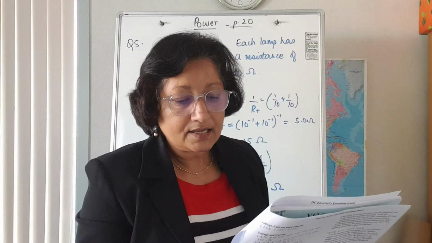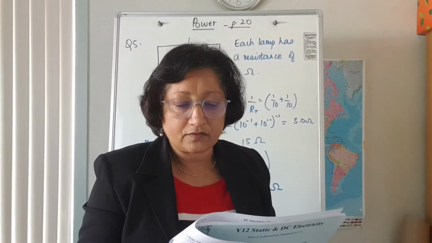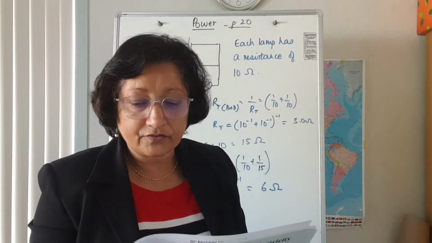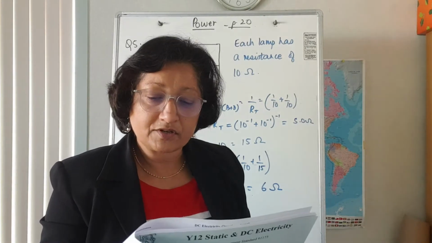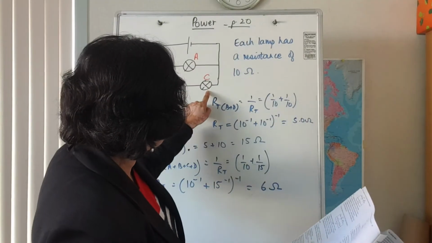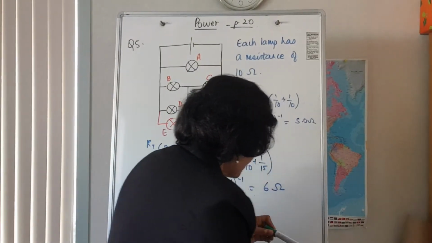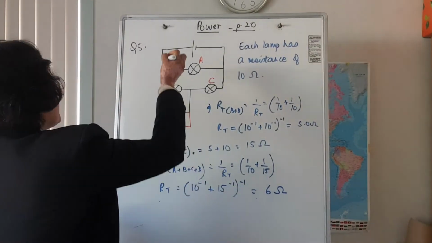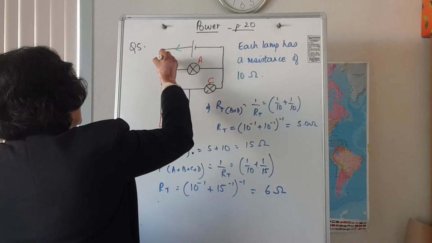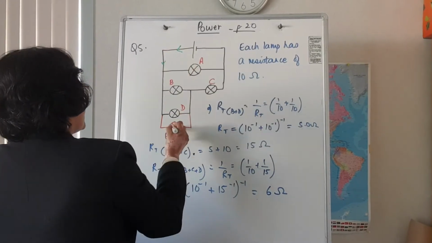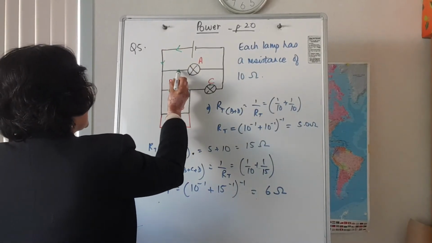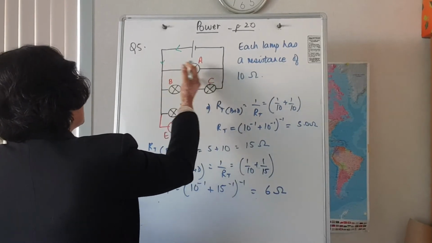Then part D: by considering what happens to the voltage across and the current through, explain what would happen to the brightness of lamps C, B, and D. Let's take this one at a time. Now you've got a bigger current coming through, the larger current because of adding this, but it's the same one that went through A initially.